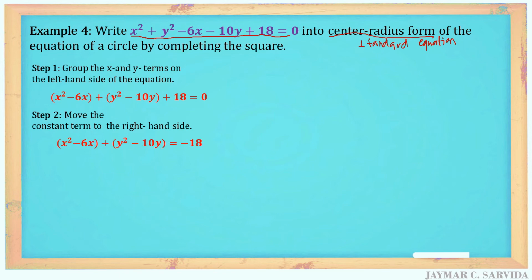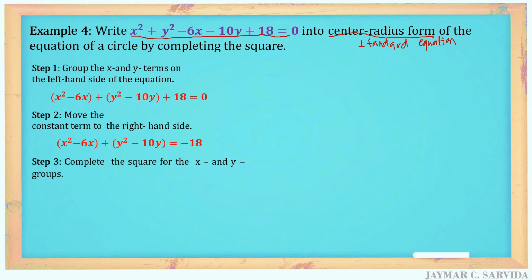So, yung positive 18, naging negative 18 na yan, ha? So that will become quantity of x squared minus 6x plus quantity of y squared minus 10y equals negative 18.